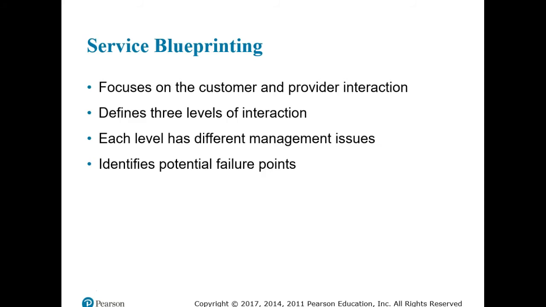Your level 2 activities represent interactions, and your level 3 activities include activities not visible to the customer. The identification of potential failure points is particularly useful in this case. So again, service blueprinting focuses on the customer and the provider interaction. It defines the 3 levels we just talked about of interaction, and each level has different management issues and identifies potential failure points.